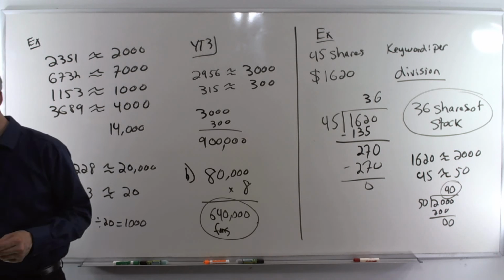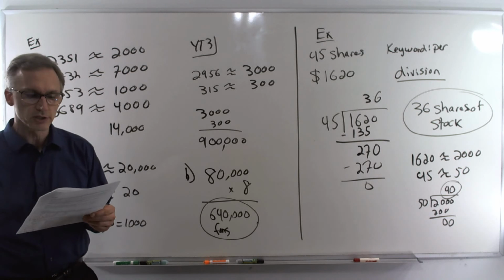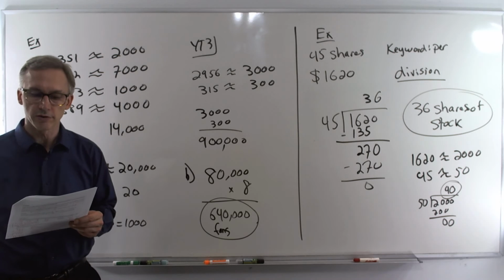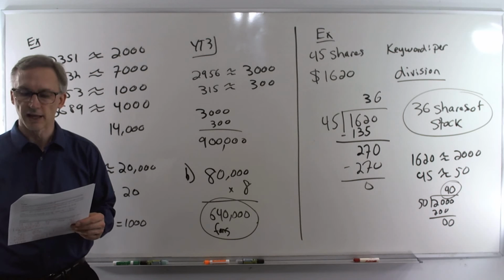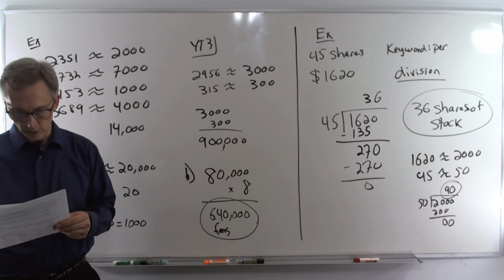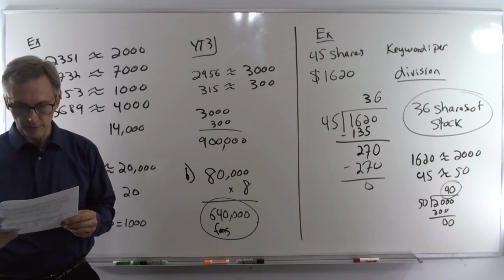Your turn, number 4. A cloud storage company charges $2,232 to store 72 terabytes of data for 1 year. At this rate, what is the cost of storing 1 terabyte of data per year?